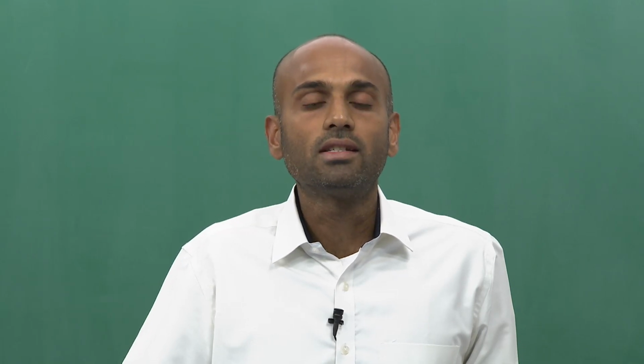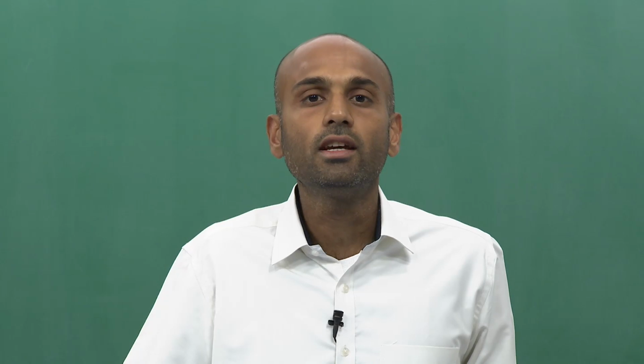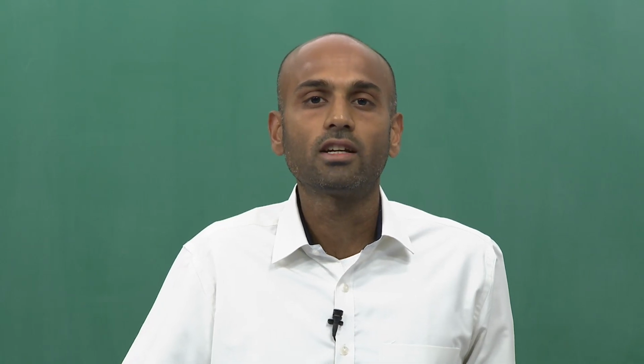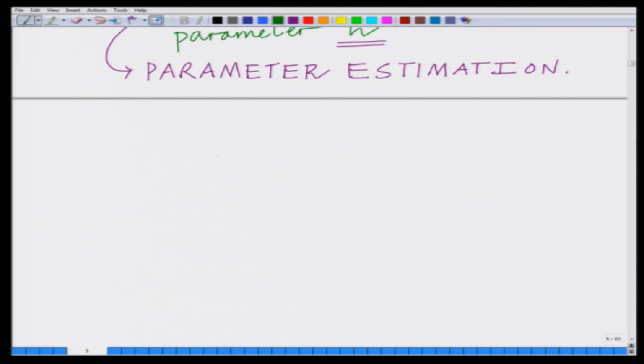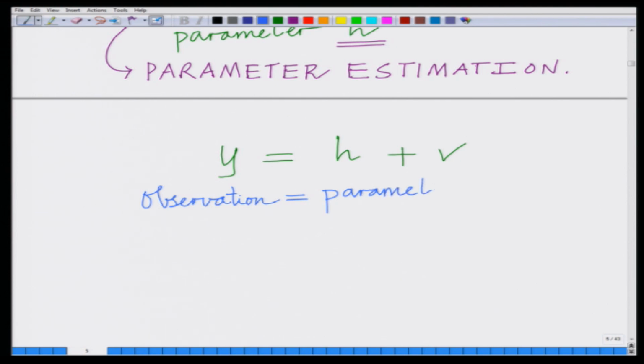We have considered a sensor network and a noisy observation model for the sensor network, in which our observation y is equal to the parameter h plus the noise. So, this is your observation at the center, which is equal to the parameter that is denoted by h plus the noise that is denoted by v.